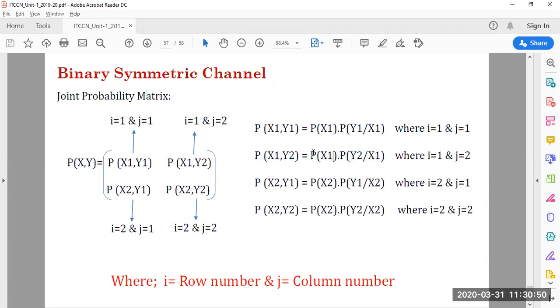It is nothing but P of x1 as it is. So my value of i is not changing, it is same, but my value of j is changed from 1 to 2. That is P of y1 to y2, because my element is first row second column element. So my value of i is 1, which is same as the first element, and my value of j, that is number of column, is second.